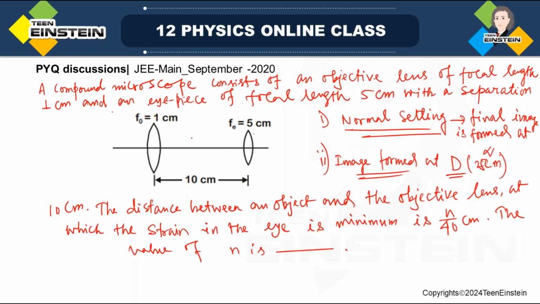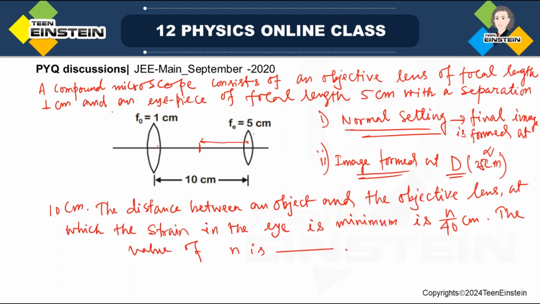Here we have to find the distance between the objective and the object at which the strain in the eye is minimum. That is possible only when, suppose this is the middle point, 5 centimeter, the focal length of the eyepiece.